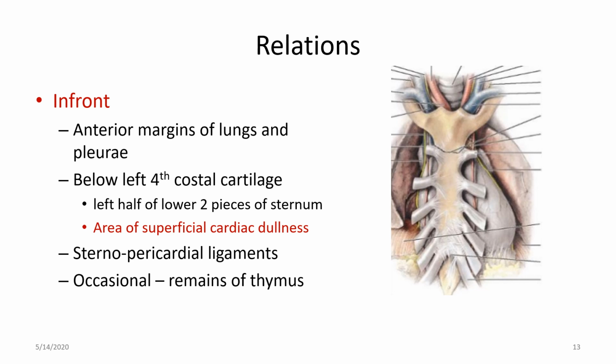That means a part of the pericardium not covered by the lungs and pleura. The area of superficial cardiac dullness we will discuss in our subsequent slides. And in front, it is related to sternopericardial ligaments. Occasionally, remains of thymus can be seen anterior to it.